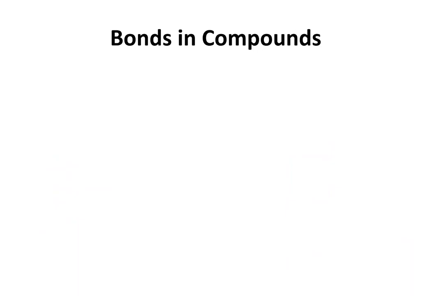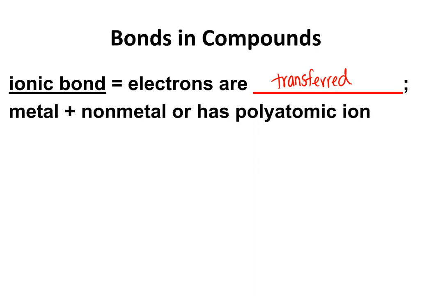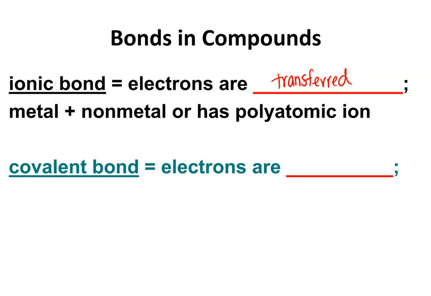Okay, just a reminder about the types of bonds that we have in compounds. There are 2 main types. In an ionic bond, electrons are transferred. This occurs if you have a metal combining with a non-metal, as we learned when we were doing chemical formulas and stuff. A metal and a non-metal, or if there's a polyatomic ion, it's an ionic bond. The other kind of bond is a covalent bond, and we always called these covalent compounds.